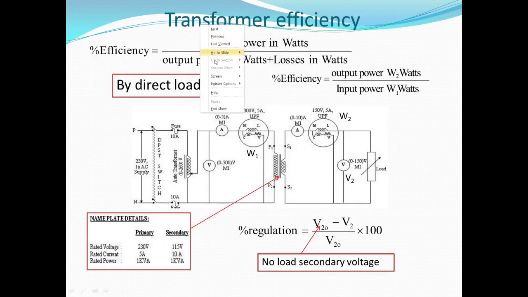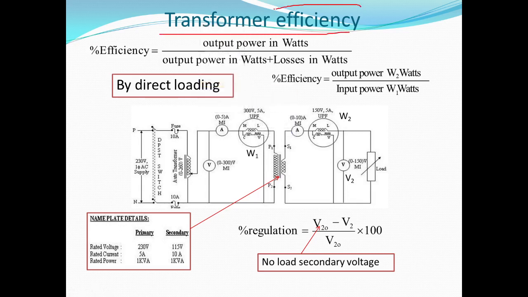So what is meant by efficiency? For any machine or device, the efficiency tells about the performance characteristics, how it works. It gives a complete picture of the machine. Here, transformer efficiency is defined as the ratio of output power to input power. Output is written in kilowatts or watts.